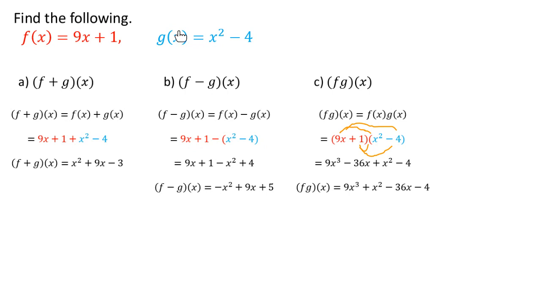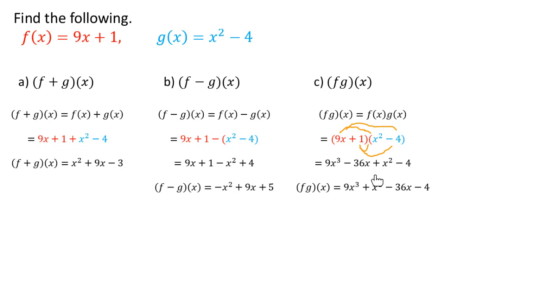And then again, all I have to do is combine my like terms. Again, I look at the highest exponent. So my highest exponent element is this one, 9x cubed. So that one goes first. And then I don't have any more x cubes, but then I go to the next one down. I have an x squared and I don't have any other x squared, so that one goes next.